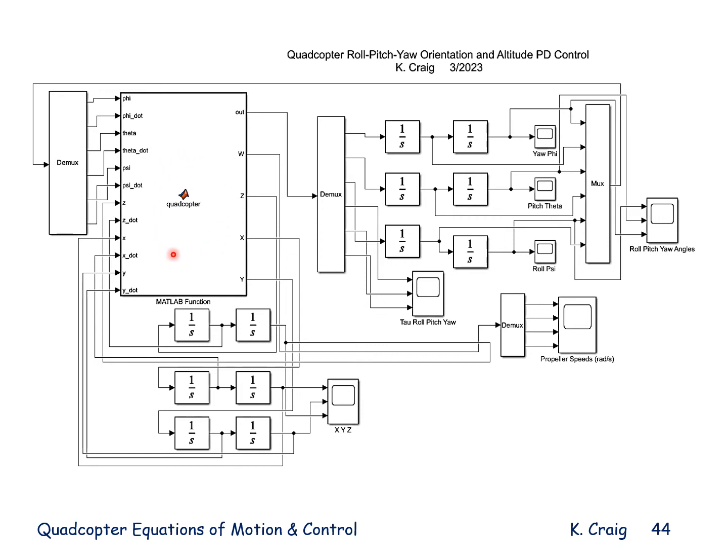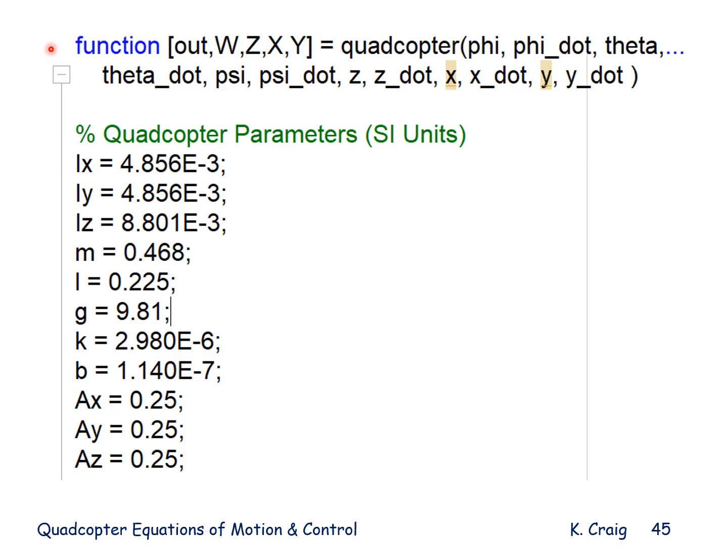Let's take a look at what's in this MATLAB function block. The inputs are the generalized coordinates and their derivatives: phi, phi dot, theta, theta dot, psi, psi dot, z, z dot, x, x dot, y, and y dot.